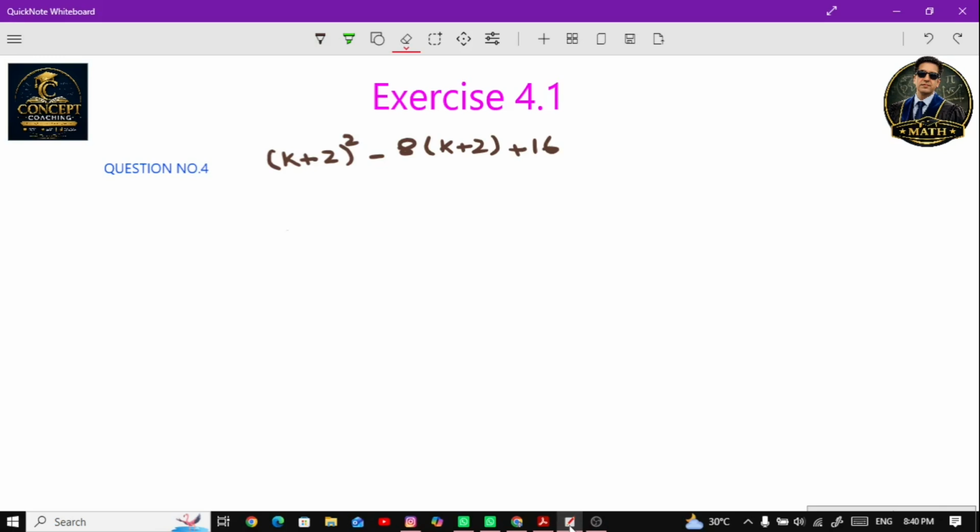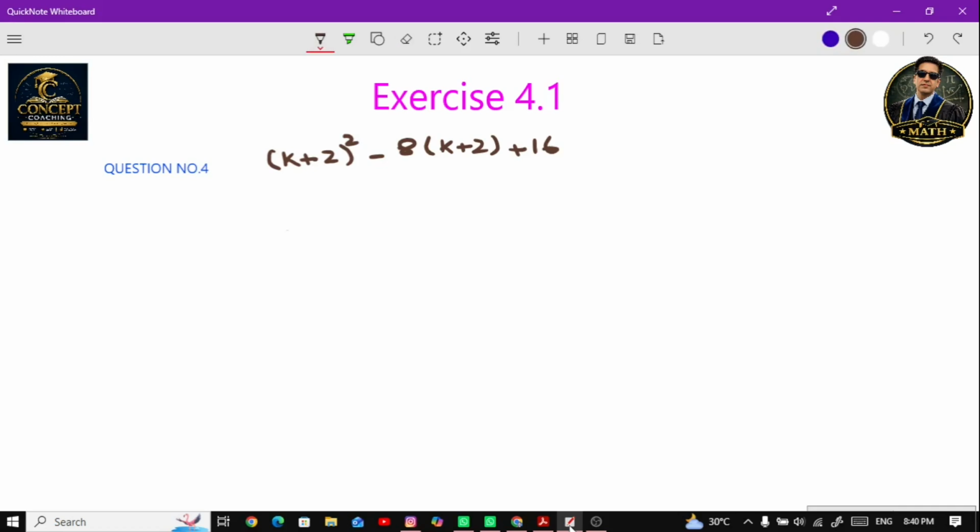Now this is the question: (k plus 2) whole square minus 8 into (k plus 2) plus 16. In this question we will use the formula of (a plus b) whole square.